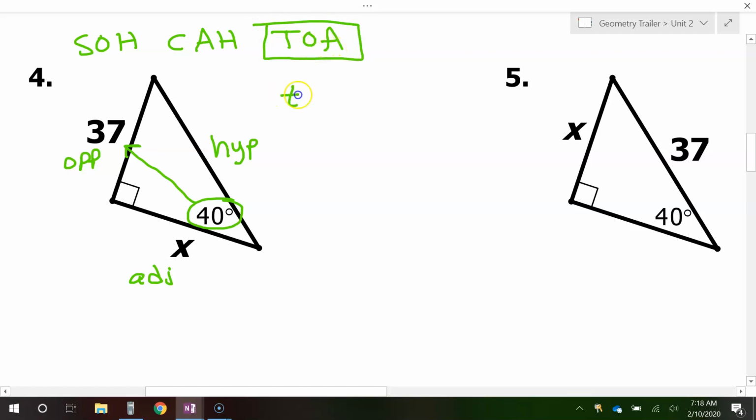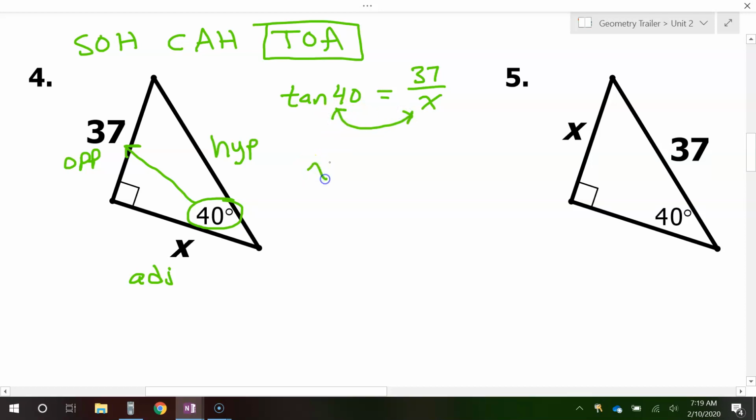So we will start by writing down tangent of the angle, all right? Never just write tangent, you have to put the angle, so tangent 40 is equal to opposite over adjacent, so 37 over x. Okay, when the variable is in the denominator, that is when you swap.